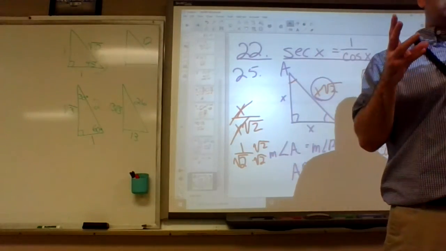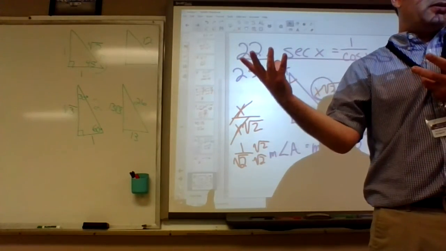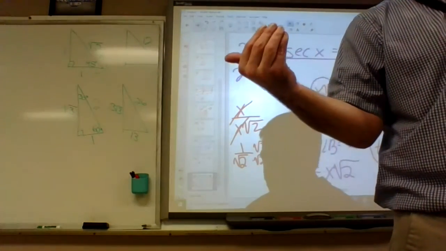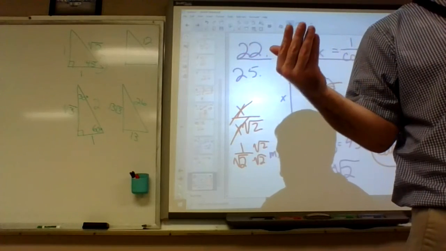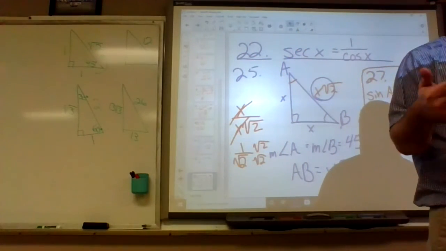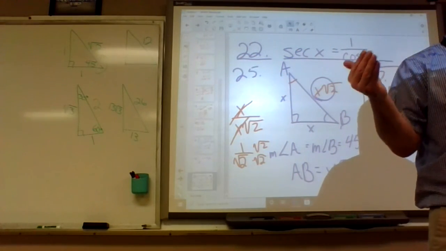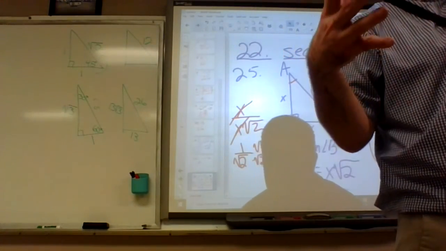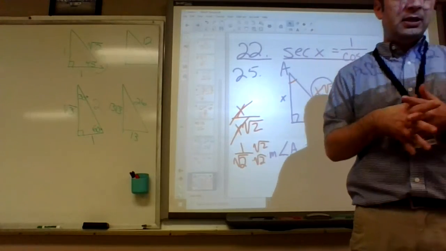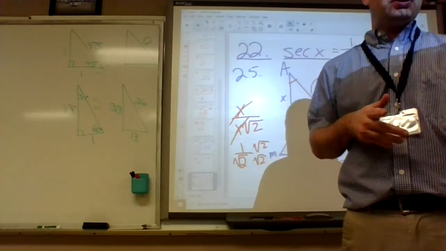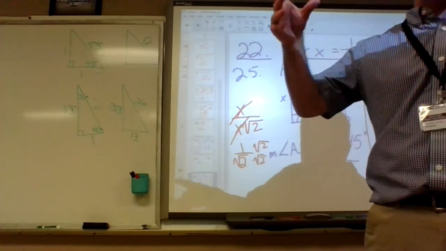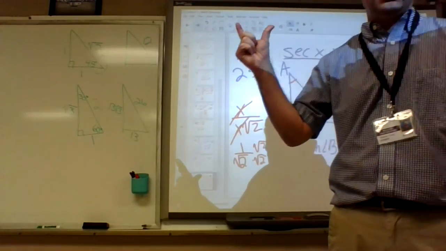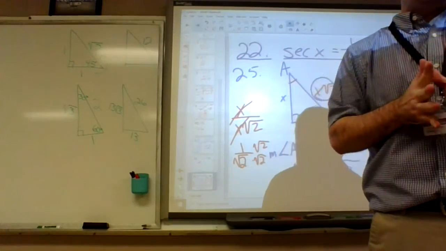But since B and E are the same angle, the corresponding angles, their cosines are going to be the same. It's going to be the same ratio. That doesn't mean the lengths of the sides are the same. It just means the ratios of the sides are the same. So maybe on the big triangle it's like 4 and 2, and on the little triangle it's 2 and 1. Doesn't really matter. Whatever cosine of B is on the big triangle, that's going to be the same as cosine of E on the little triangle. Same ratios, so it's just 0.3657.